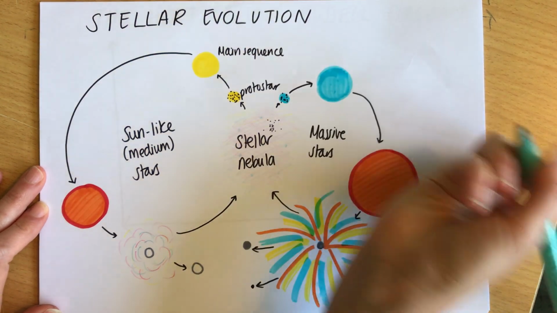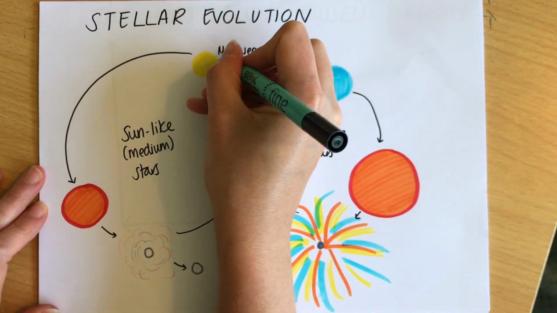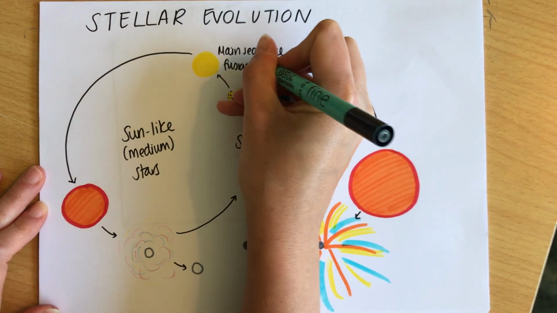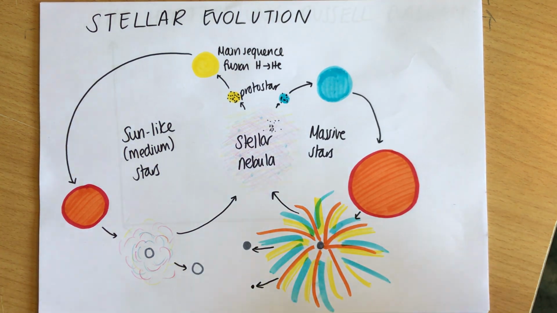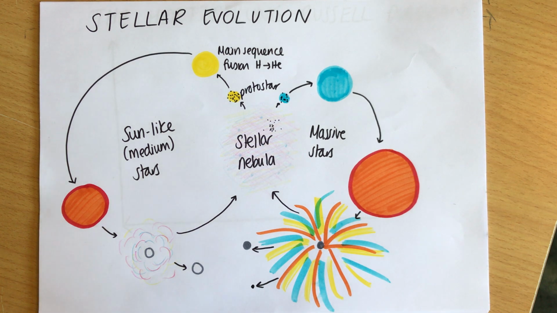So the main sequence star is when fusion of hydrogen to helium begins. So a protostar isn't fusing, and when it gets hot enough and dense enough and high enough pressure, then fusion can begin, and it's now a main sequence star. And a main sequence star is where the star will spend the vast majority of its lifetime, about 90% of its life.